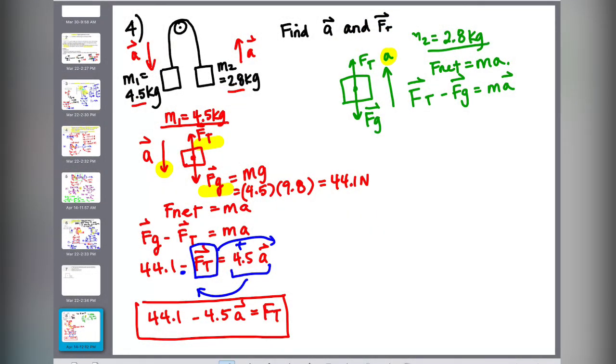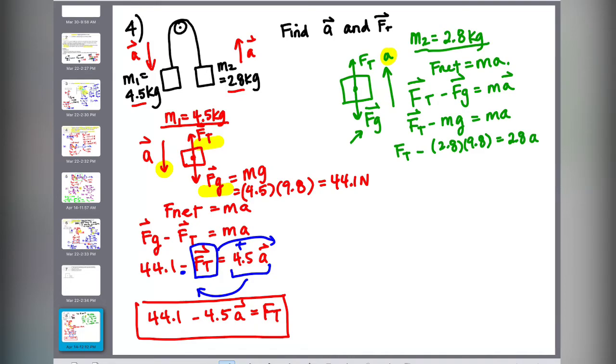So now continuing on with the sample problem, I now have Ft that is going up and Fg that's going down. So Ft minus Fg, which I have been calculating on the side. Another way you can do it is plug in the equation Fg equals mg, and then sub in your mass and your g. So minus m, which is 2.8, times the g, which is 9.8.